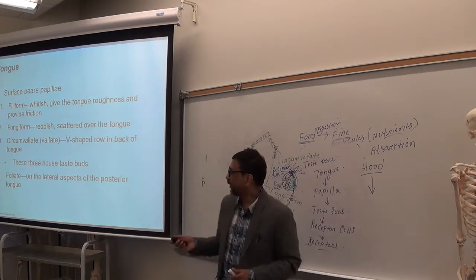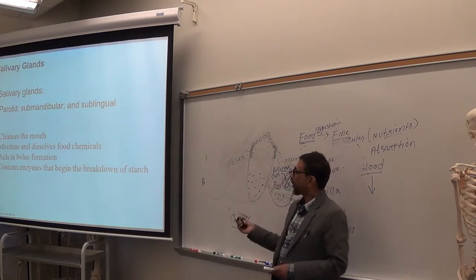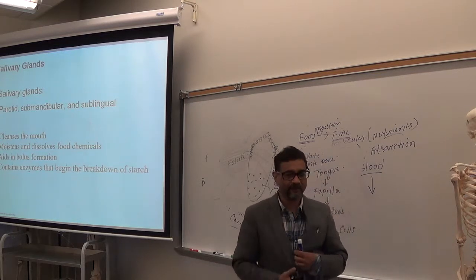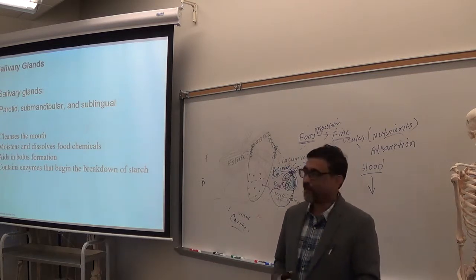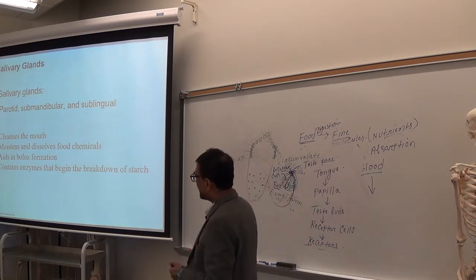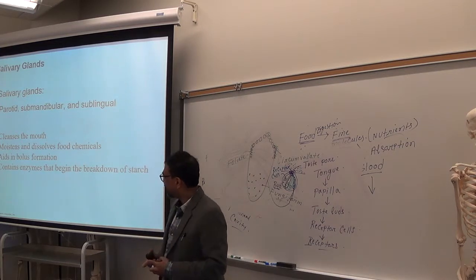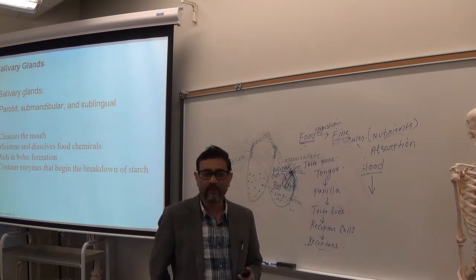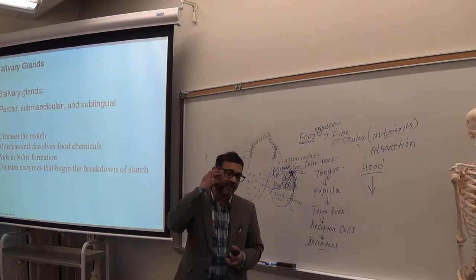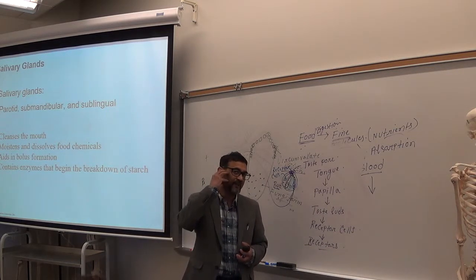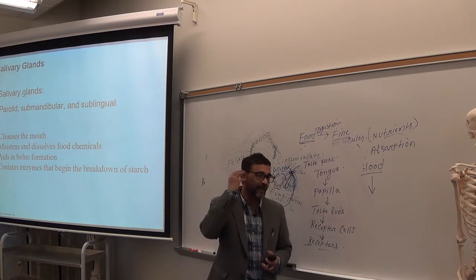So that's the salivary glands. Salivary glands, there are three sets: parotid, submandibular, sublingual. Parotid is the largest here, in front of and slightly below the ear.